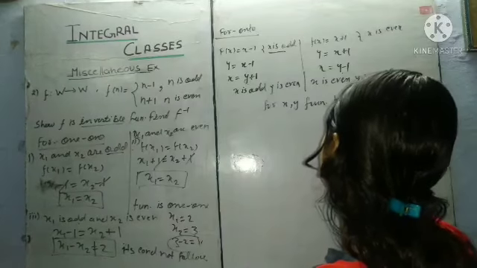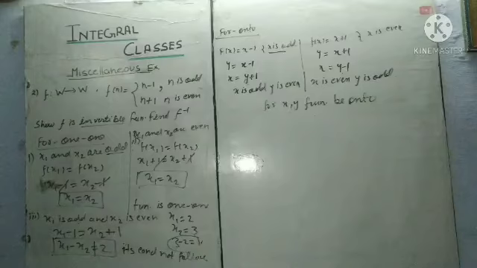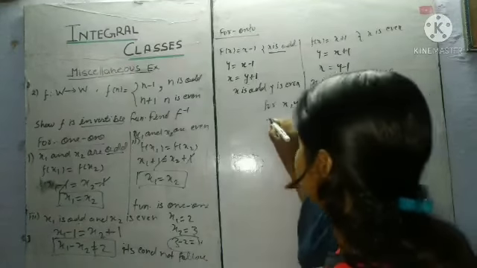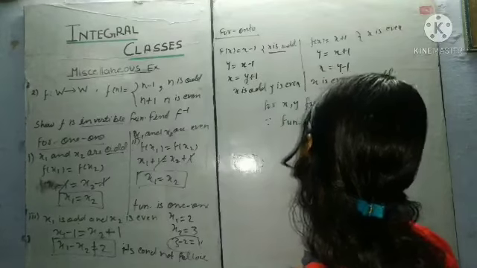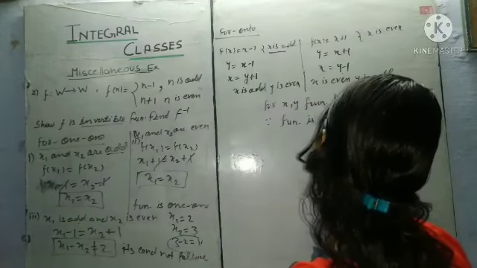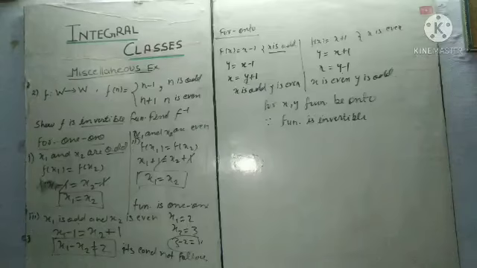So function is onto, therefore function is invertible. Now function is invertible, it means we can find its inverse function.